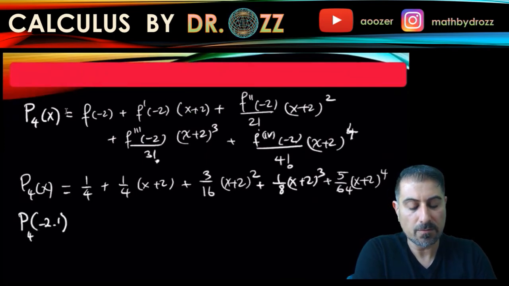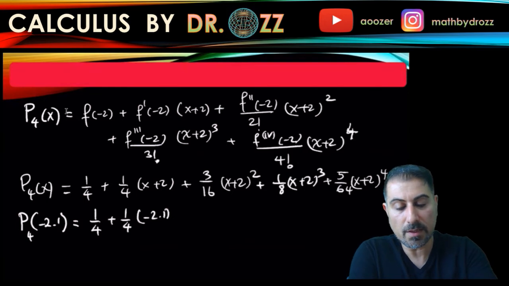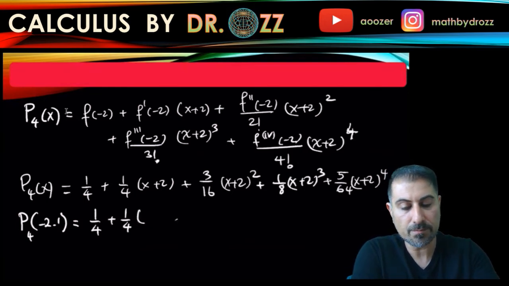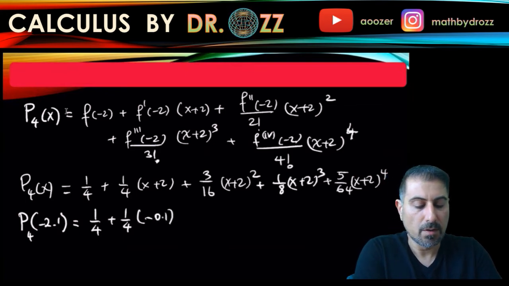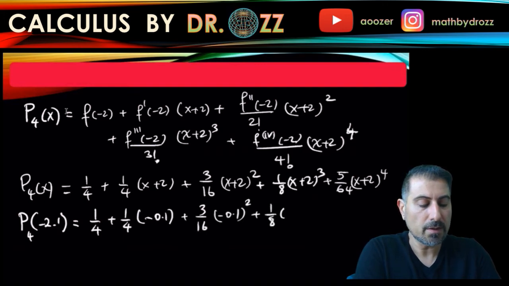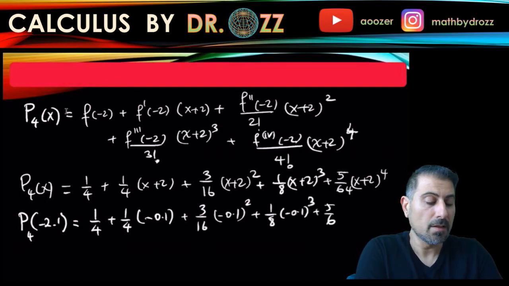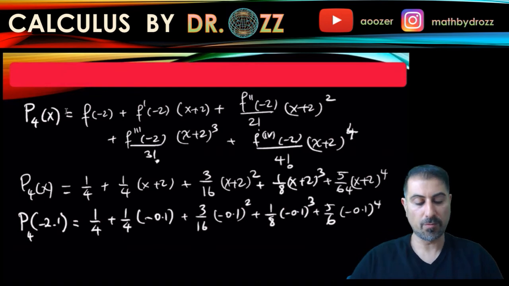-2.1 for x. So this would look like 1/4 plus 1/4 times (-2.1 plus 2), so that makes it -0.1, plus this -0.1 squared, 1/8 times -0.1 cubed, 5/64 times -0.1 to the fourth.